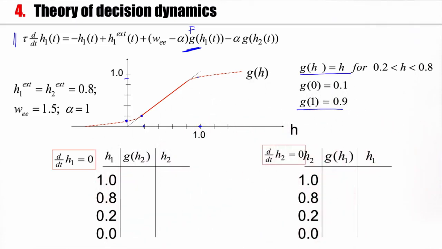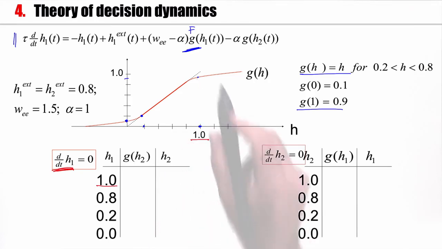And now one of the tricks of the analysis of a two-dimensional system is to identify the points where the derivative is 0. Okay? And now we just plug in one of these points. For example, we plug in the point h1 equal 1.0. That's this point here. We would have a result of 0.9.